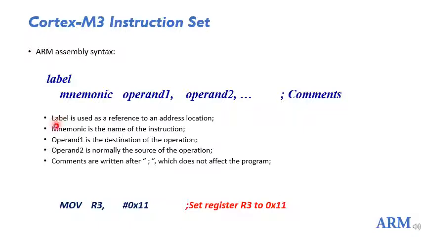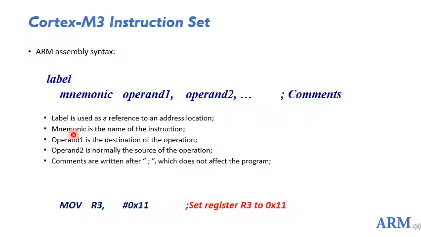And the essential part is the mnemonic. Mnemonic is the textual form of the specific task. So whatever task that instruction is going to perform will be specified by the mnemonic. Like move is to move data from one place to another, or add is to add two numbers, multiply is to multiply two numbers.